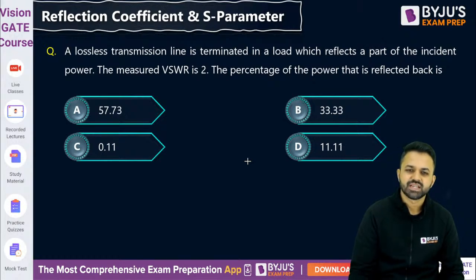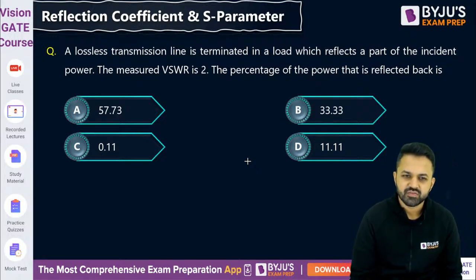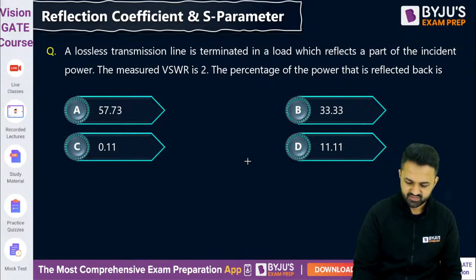A lossless transmission line is terminated in a load which reflects a part of the incident power. The measured VSWR is 2. What is the percentage power that is reflected?